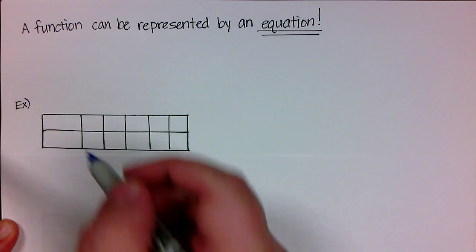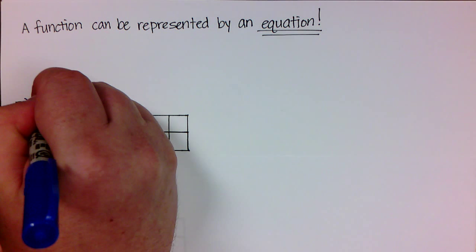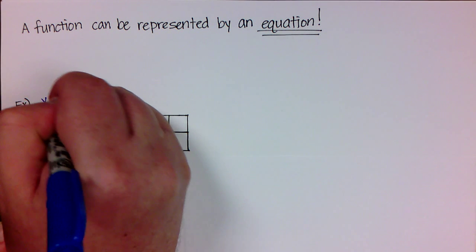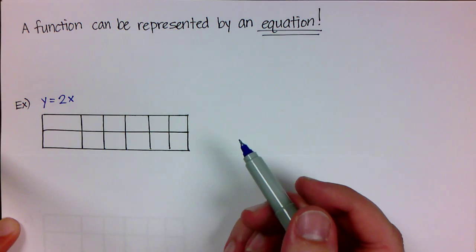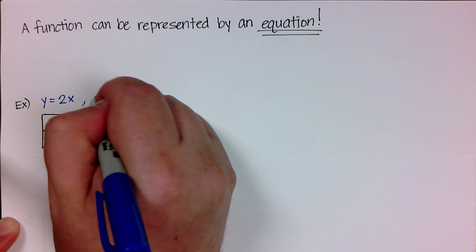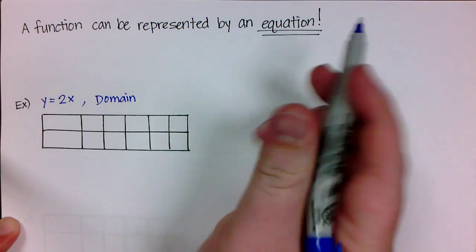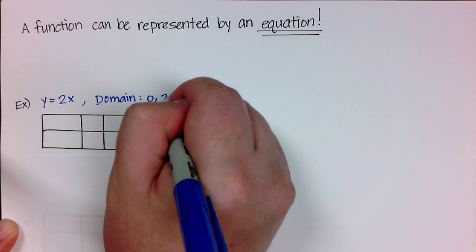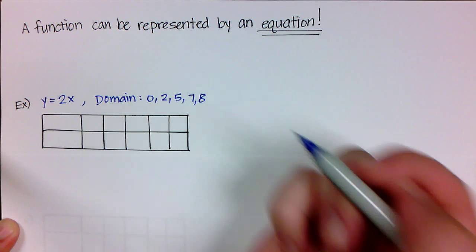And let's say that I'm given an equation, and I'm told this whole function is represented by the equation y is equal to 2x. And I'm also told what the domain is going to be, which means I'm told that the domain are going to be specific numbers. So the domain would be the numbers 0, 2, 5, 7, and 8.